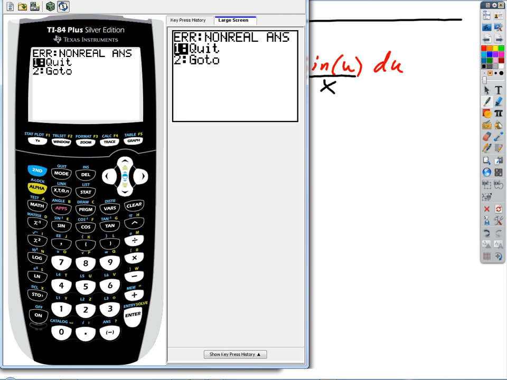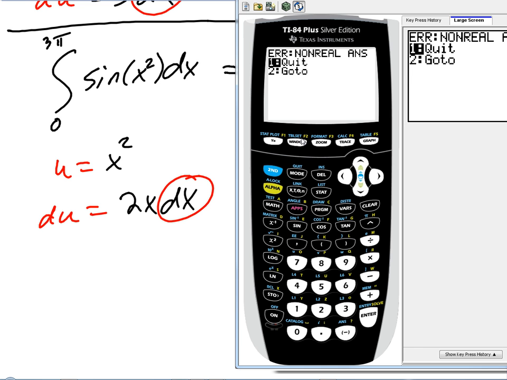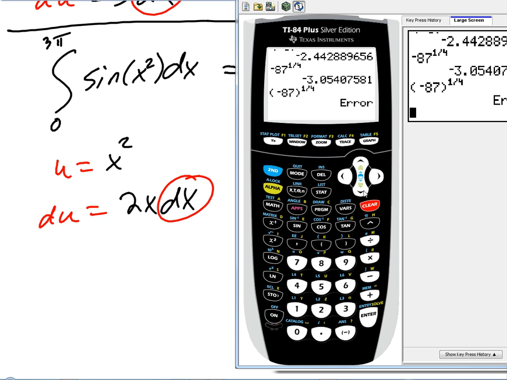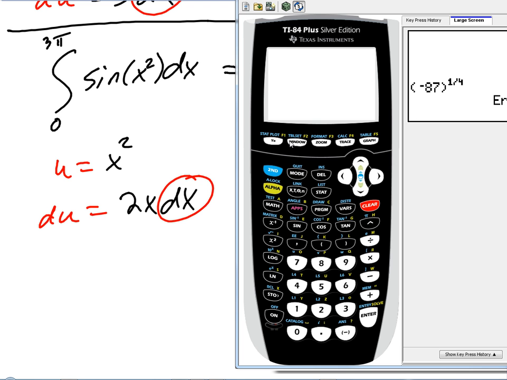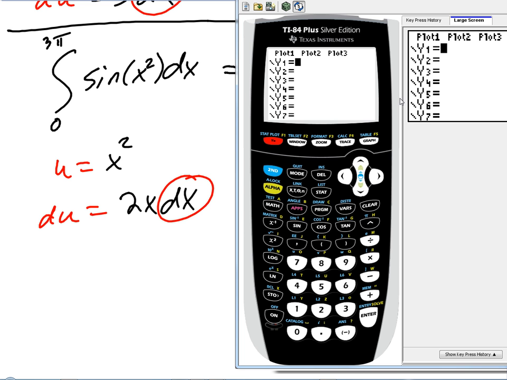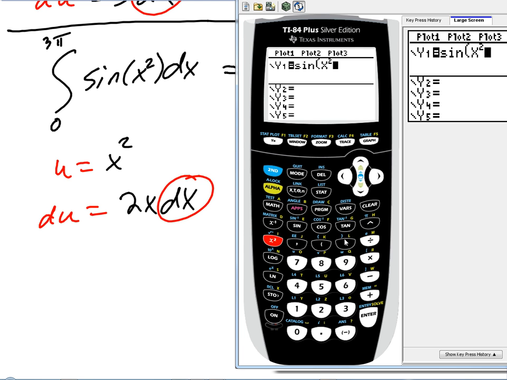So what was my sine x squared? Okay, we can graph this. We can do this two ways on the calculator. We can graph it, and let's do that first. Sine x squared. Okay.